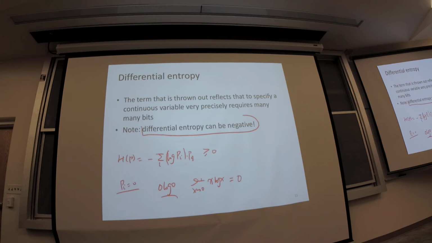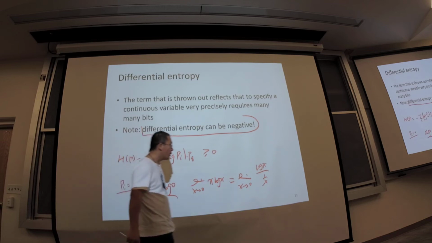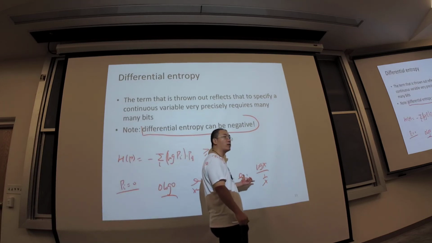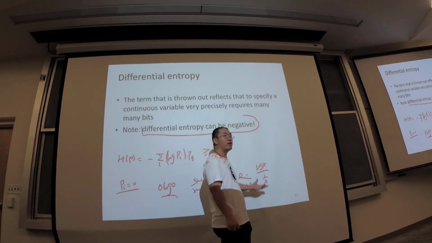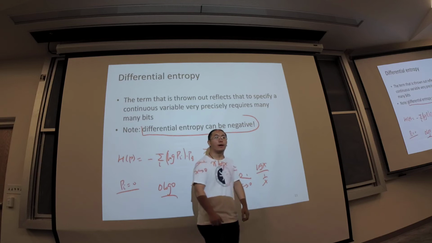Which is 0. To see this, you can use L'Hopital's rule. If you take the limit, this will be logarithm x over 1 over x. L'Hopital's rule tells you that if you take the derivative of both the numerator and the denominator, and after that take the limit, if the limit exists, then that will be the limit of the original form.